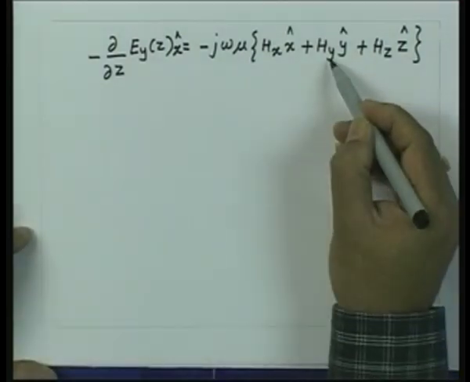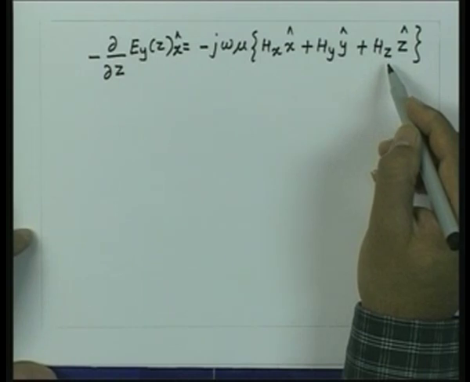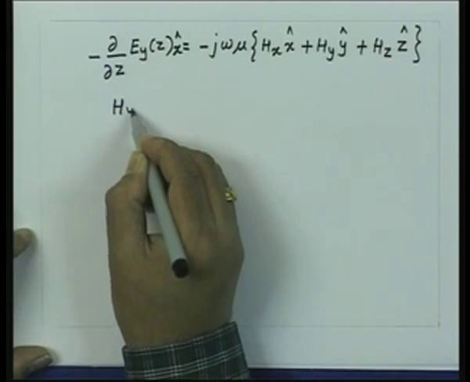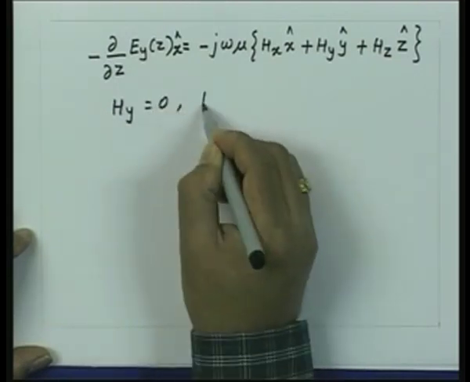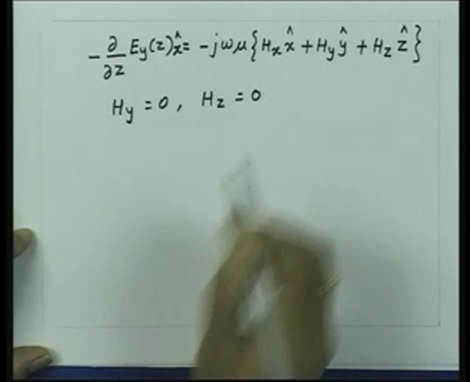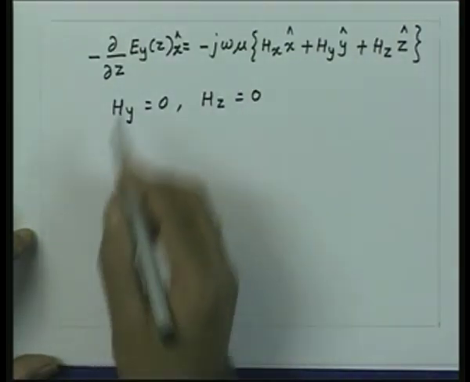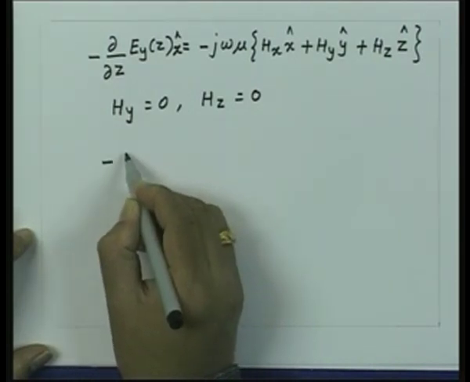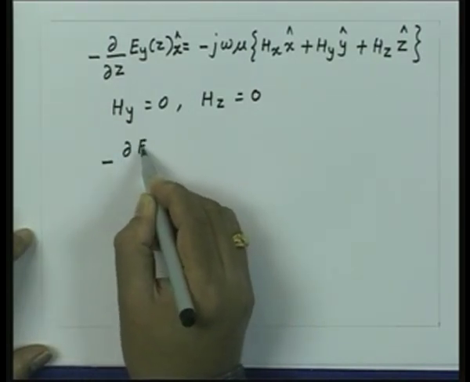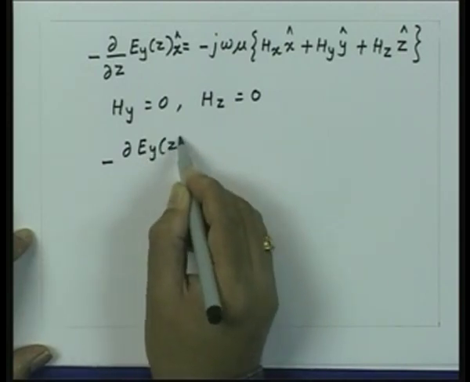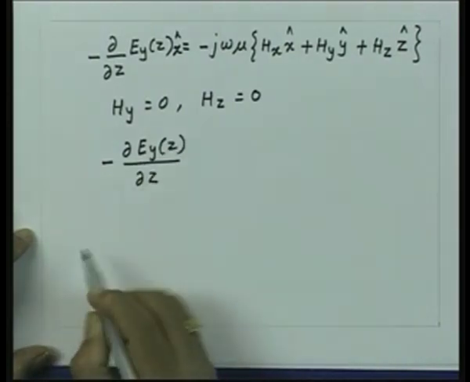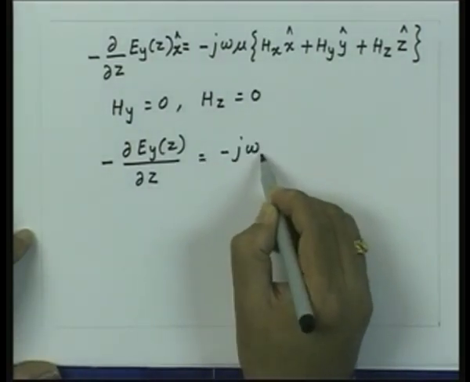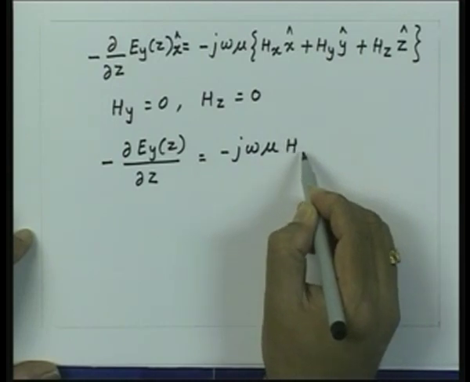So, I have hy is equal to 0, hz is equal to 0 and I have only the x component, which is minus dEy by dz, that is equal to minus j omega mu into hx.